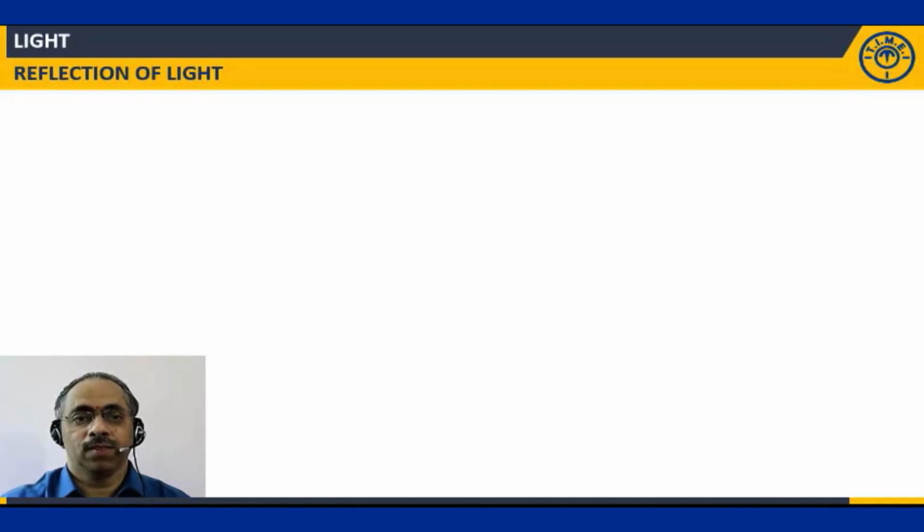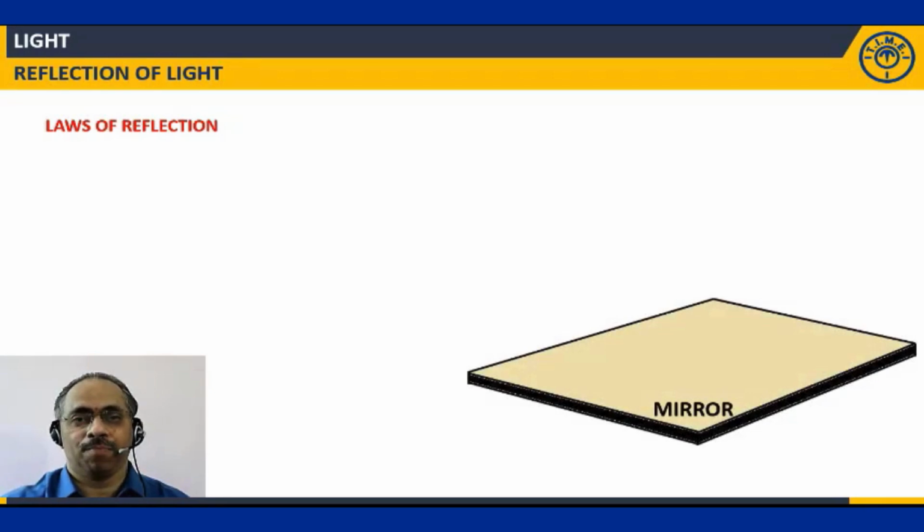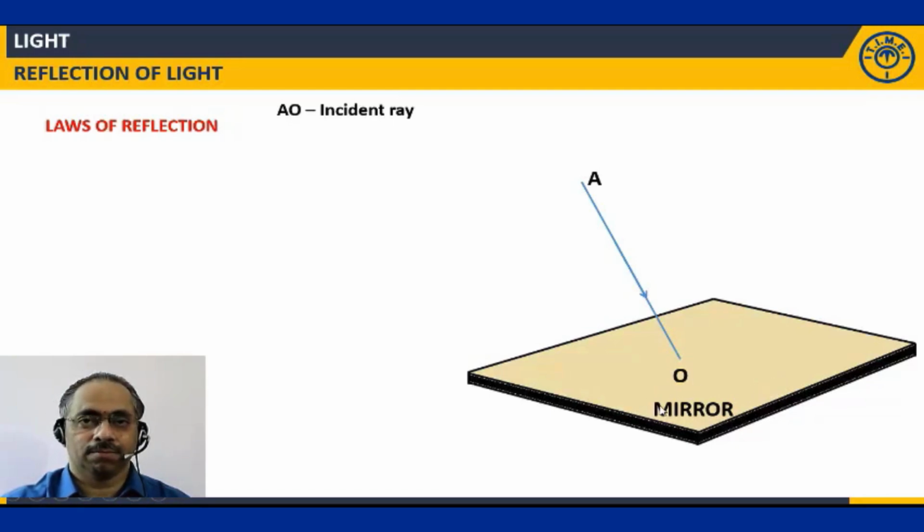Okay. So when you consider the laws of reflection, to understand this, we need to understand certain terms. And for our easy understanding, we'll take a plane mirror having a perfectly smooth surface. It is a plane mirror. So now I'll consider a light ray AO incident on the mirror.